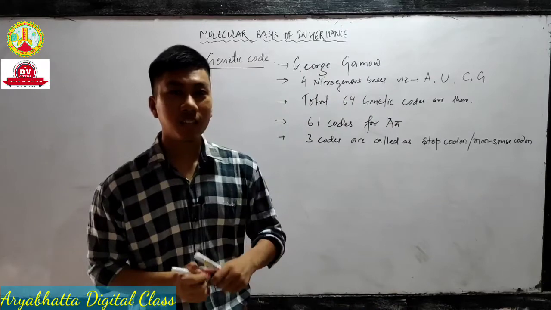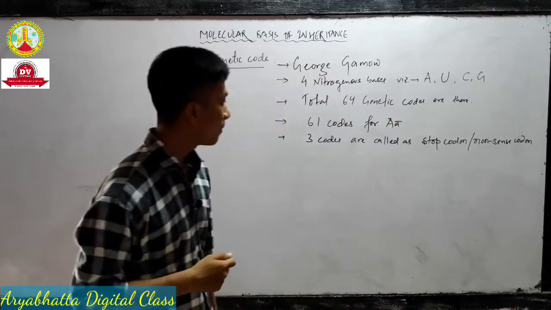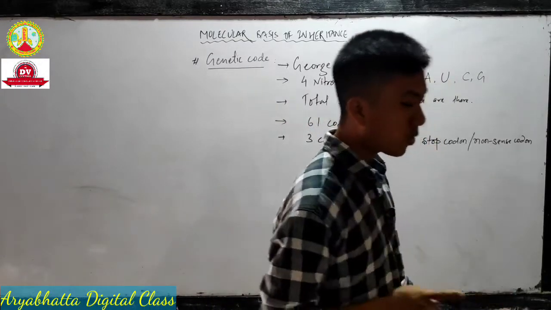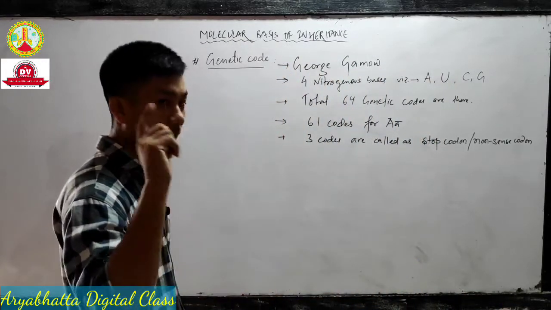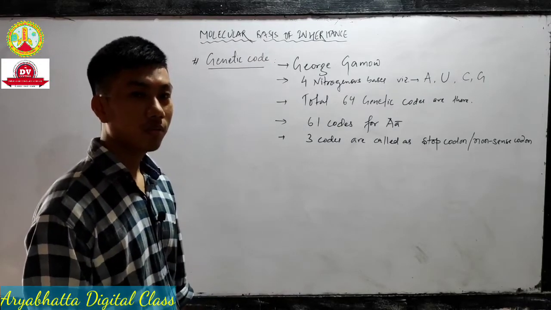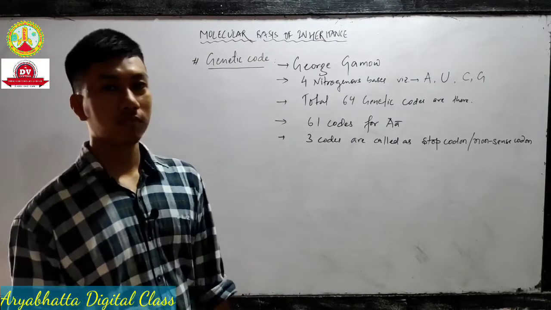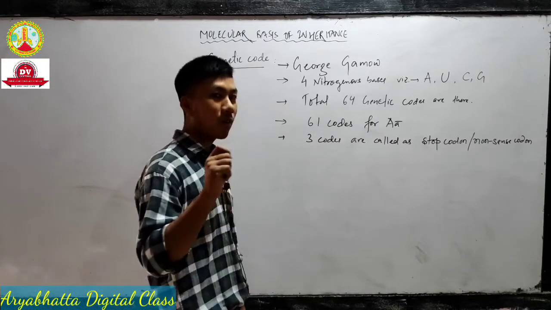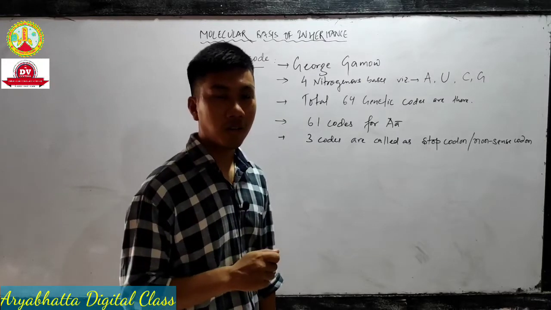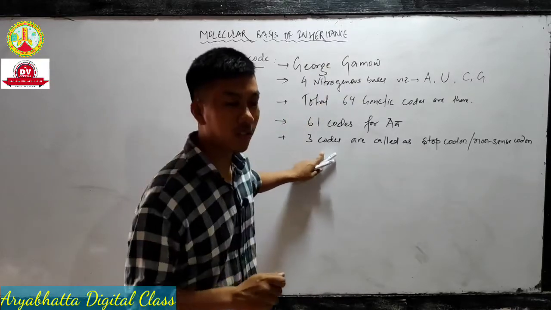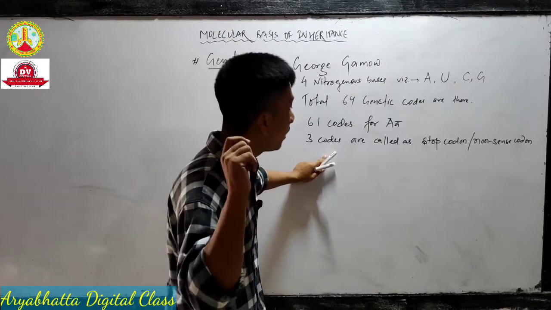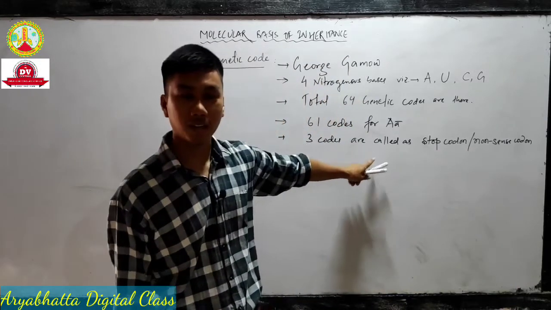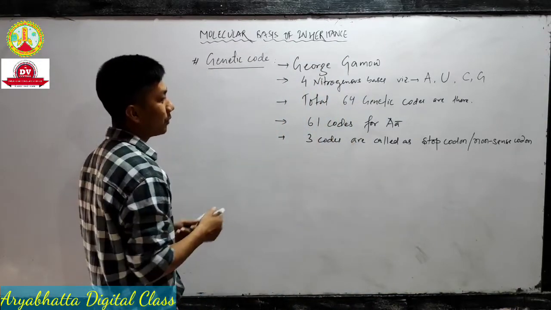Nonsense codon means it doesn't make any sense. Out of 64, 61 codes for amino acid and 3 codes for stop codon. It's going to stop the process of translation. We will see that. These 3 genetic codes don't code for any amino acid. That's why it doesn't make any sense, that's why nonsense codon. But it has a role to play. We will see that.